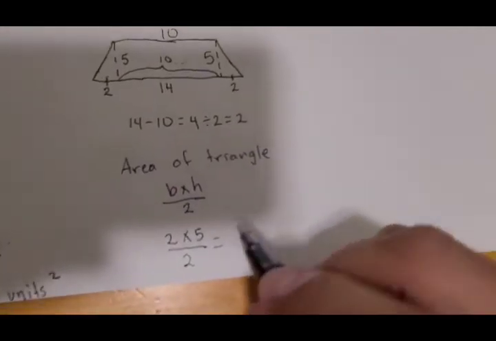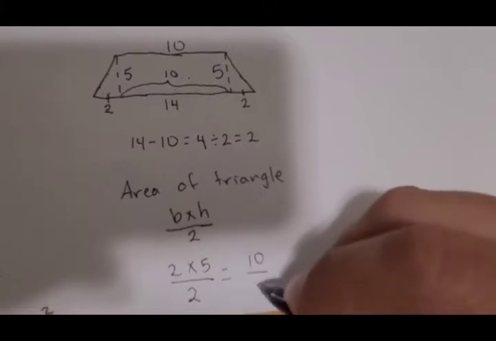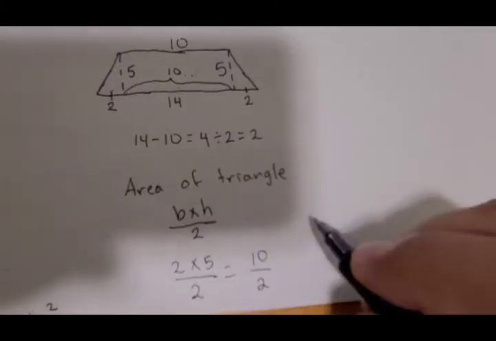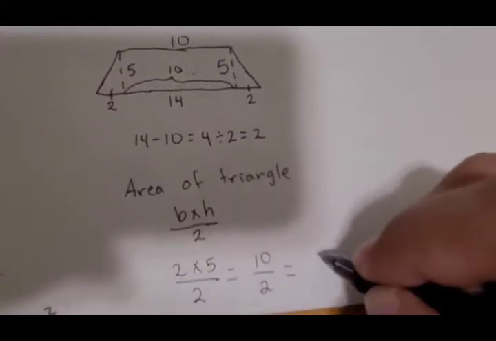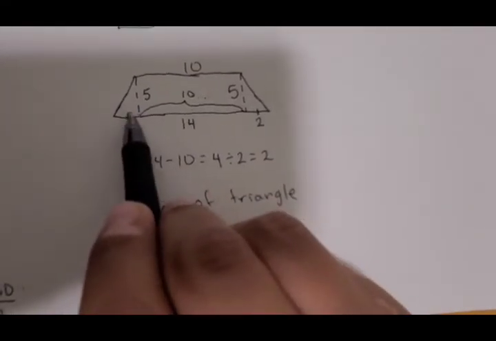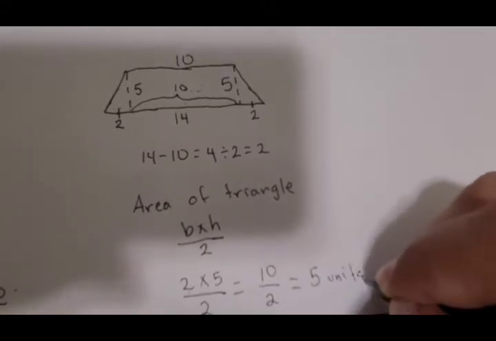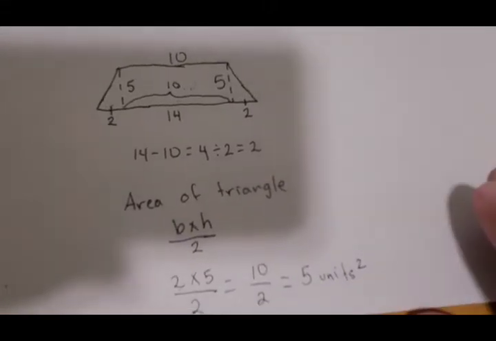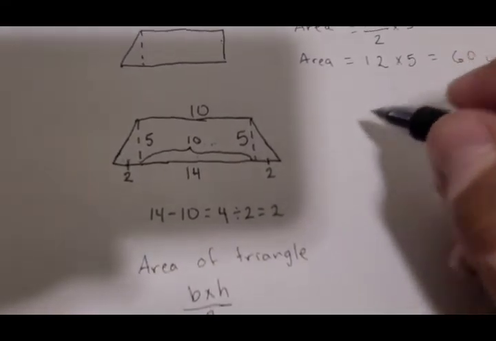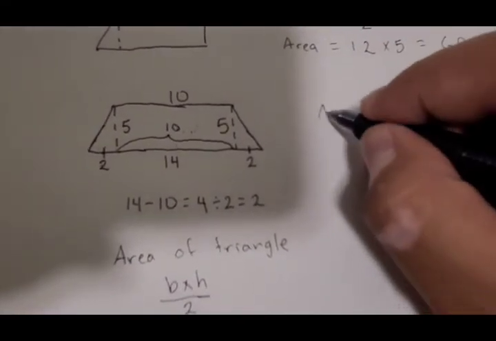This equals 2 times 5 is 10. We keep the divided by 2. 10 divided by 2 is 5. So the area of this little triangle is 5 units squared.